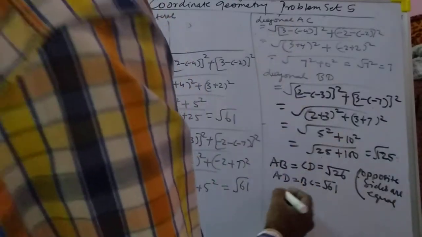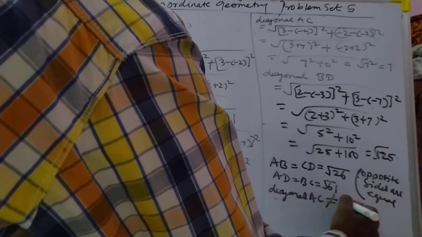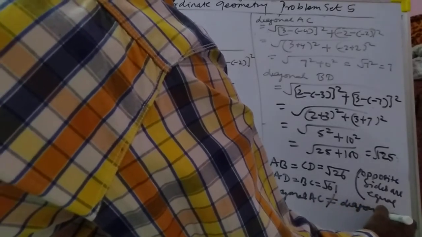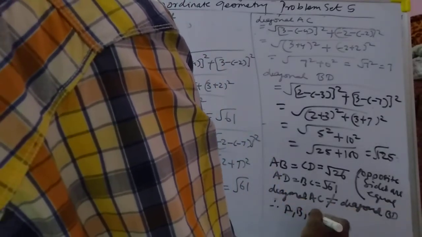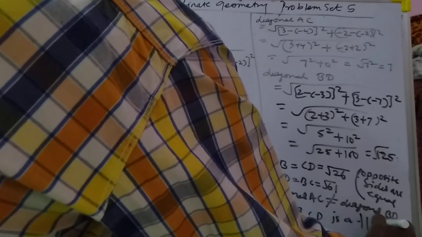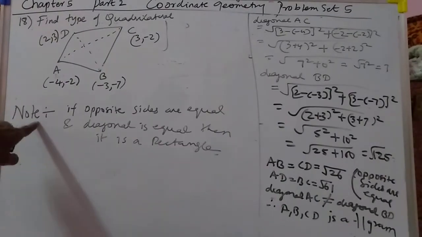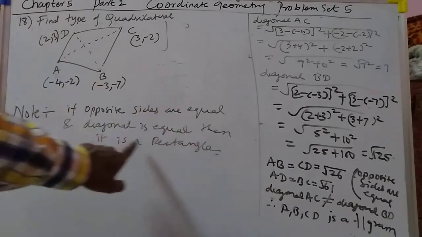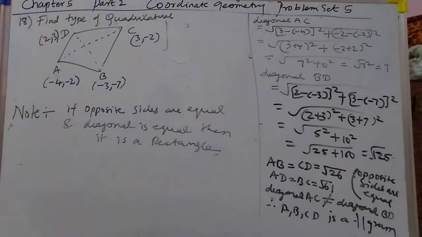And diagonal AC is not equal to diagonal BD, therefore. Okay, I hope you got this. Note, opposite sides are equal and diagonal is equal, means it is a rectangle, but here diagonal is not equal, okay. So it is a parallelogram, okay. I hope you got this. Next we do 19.